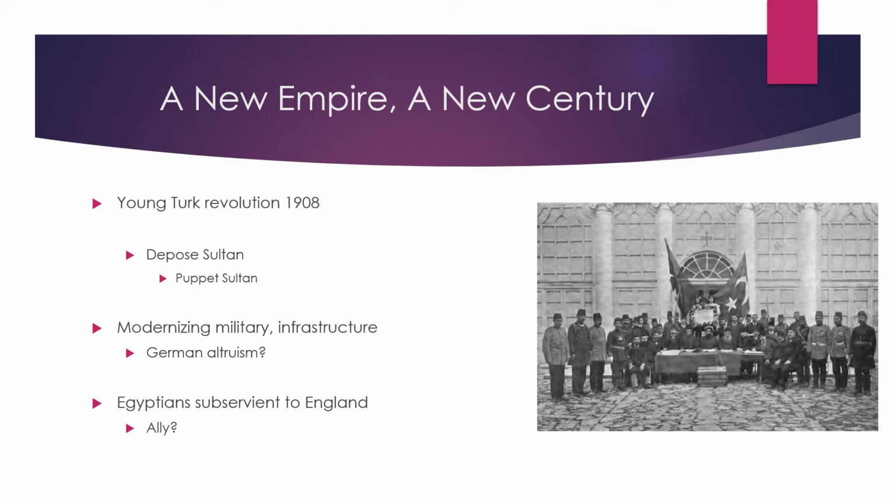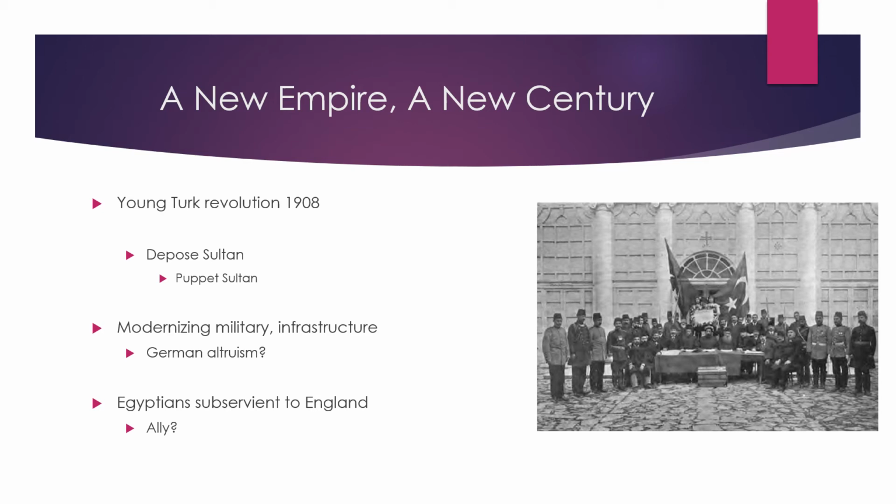But there is also some street violence, as the sultan had attempted to crack down on the Young Turk movement by closing coffee shops and shuttering newspapers. So it's a mix between a revolution and a rebellion and a coup d'etat.